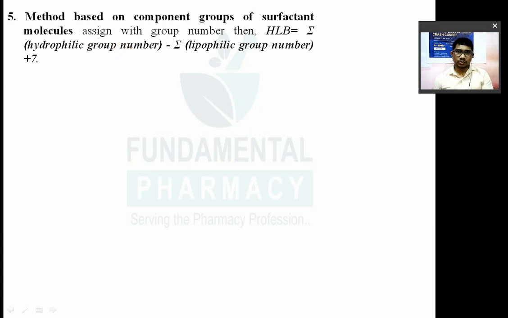Assign a group number to each group, meaning whether it is a hydrophilic group or a lipophilic group. For example, OH group and SO2H group are hydrophilic groups. CH3, CH2, CH2 moieties are lipophilic groups. So you have to assign the numbers, and then HLB is equal to the summation of hydrophilic group numbers plus the summation of lipophilic group numbers plus 7.